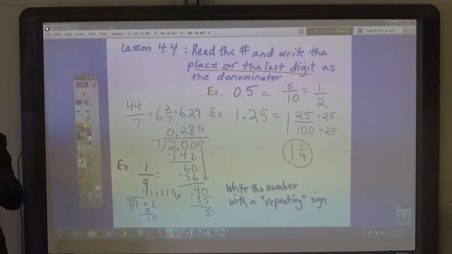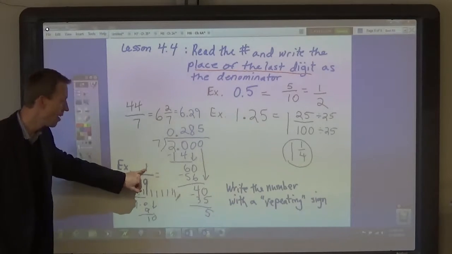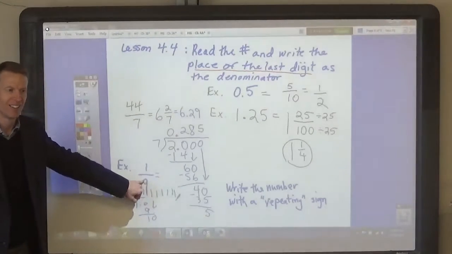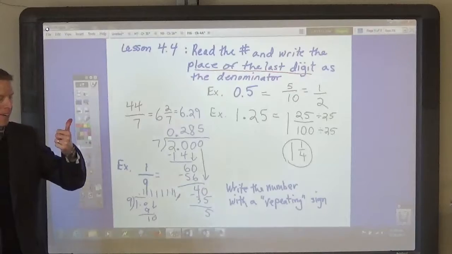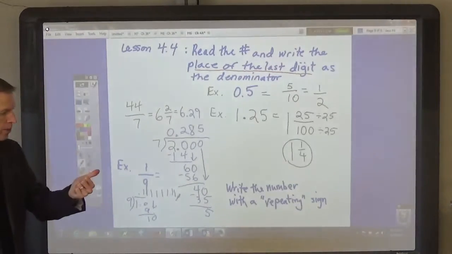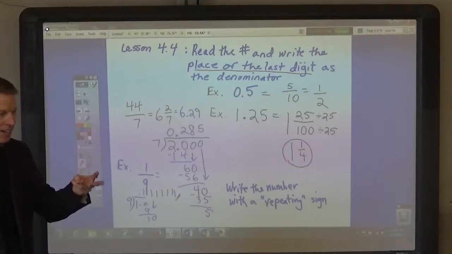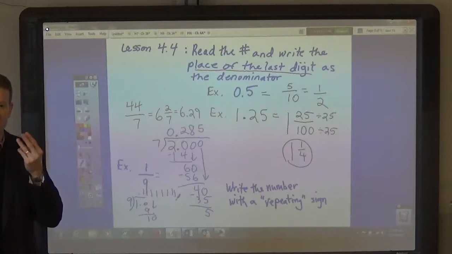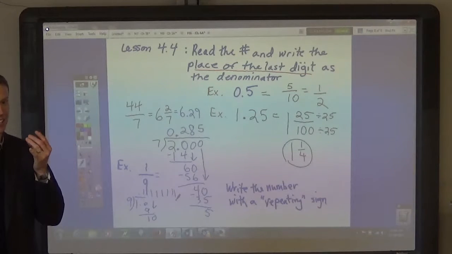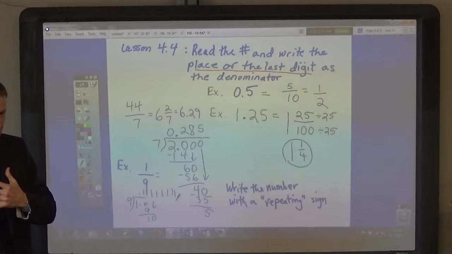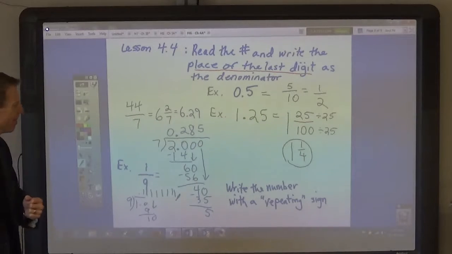The 1 repeats. In fact, anytime you have a number over a 9, it's a repeating decimal. So 1/9 is 0.1 repeating. 2/9 is 0.2 repeating. 3/9 is, no, 1/3. 1/3 is 0.3 repeating. 4/9 is 0.4 repeating. 5/9 is 0.5 repeating. 6/9 is 0.6 repeating, and so on until you get to 9.